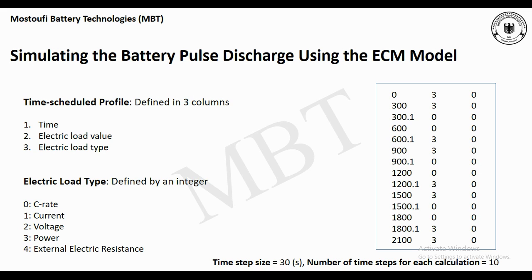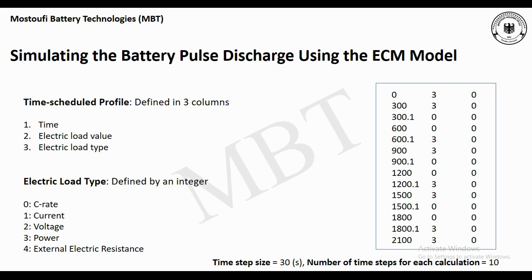As you can see on the right side, we have defined all these numbers. The third column is all 0 because it defines the C rate, and in the first column we define the time. As you understood from the previous simulation, the time step size is 30 seconds and the number of time steps for each calculation is 10, so the overall time for each calculation is 300 seconds.